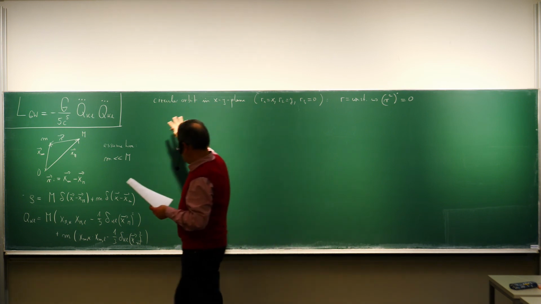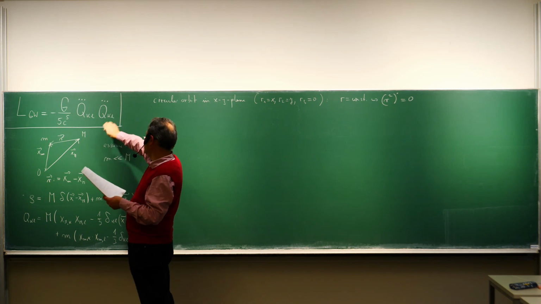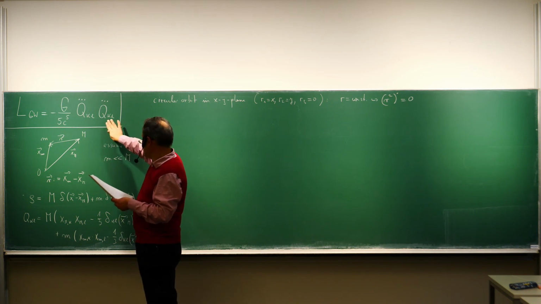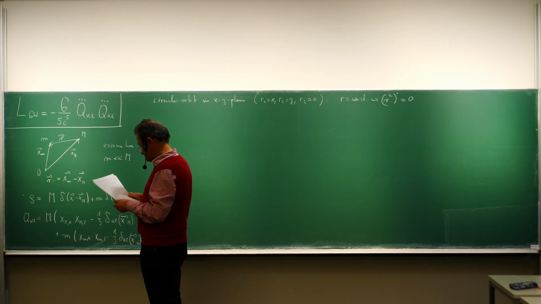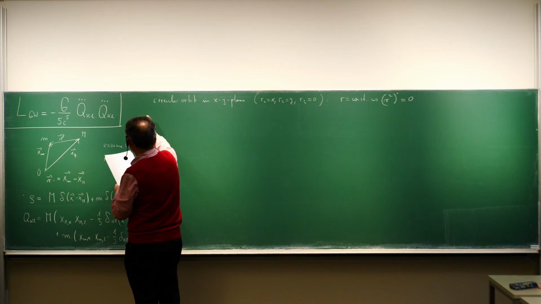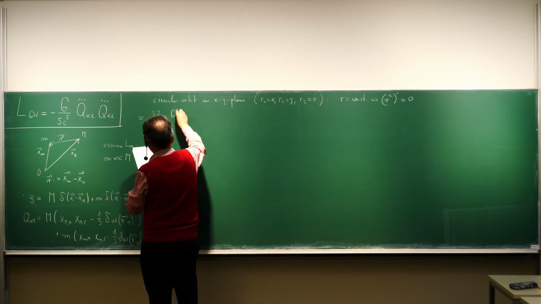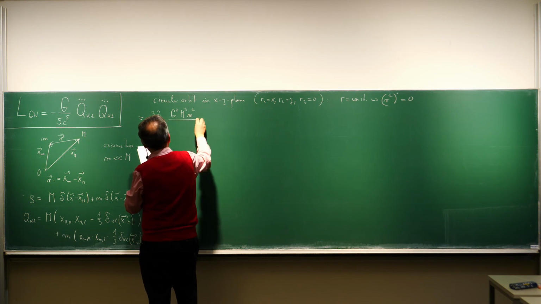So this result, which is maybe a page or so of calculation that I leave as an exercise, can then be inserted here. And what we get is then the following: minus 32 over 5 c to the 5 over G, times G to the 4, M cubed small m squared over r to the 5.